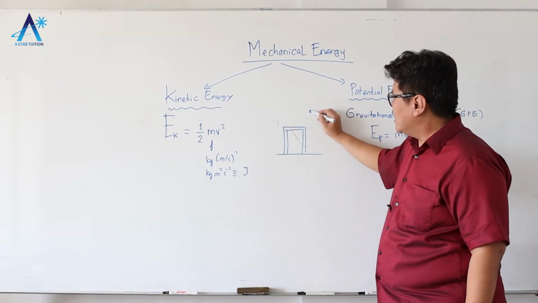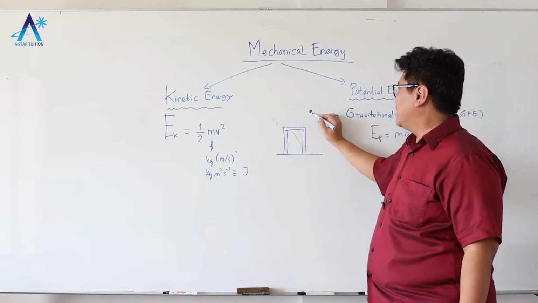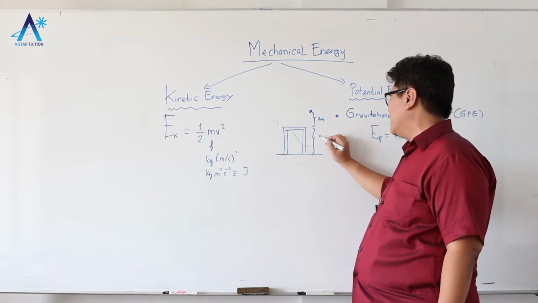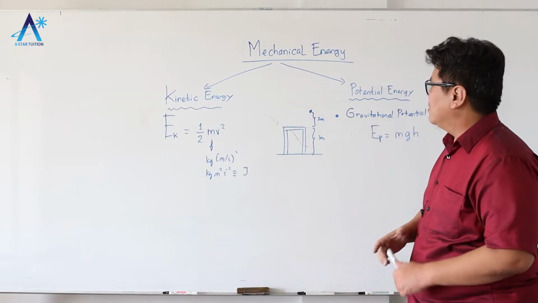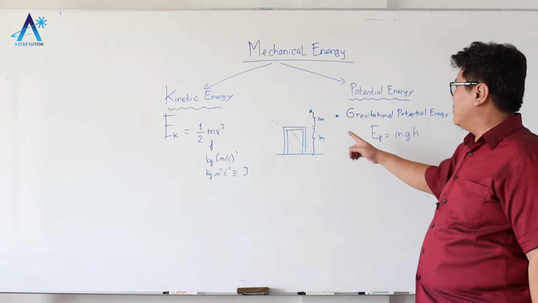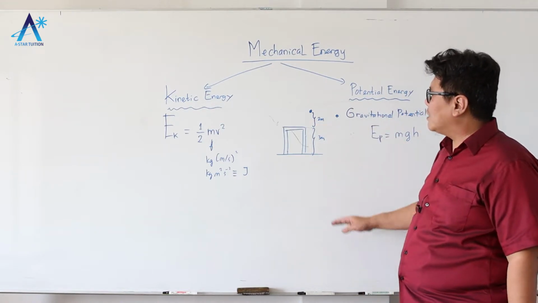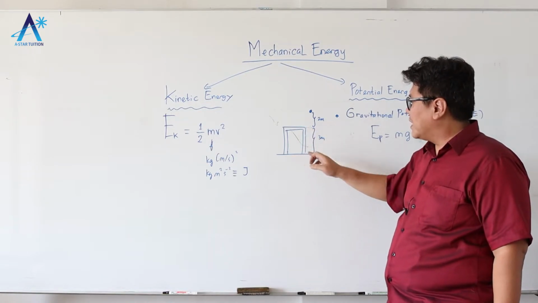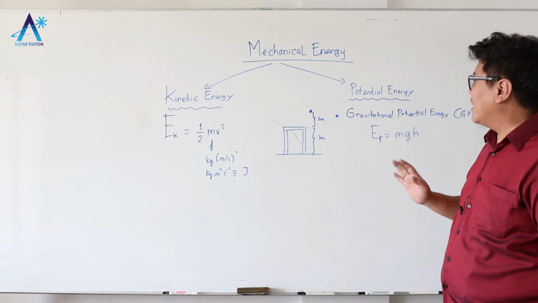So then this is an object, let's say that this is 2 meters above the table, and the table itself is, let's say, 3 meters high. Now in this case, the gravitational potential energy of the object would be different if you calculate from the surface of the table or from the ground. It would be different, so it's relative.